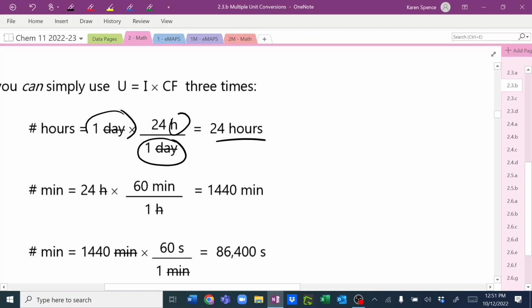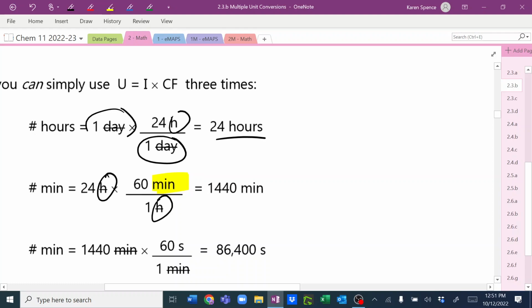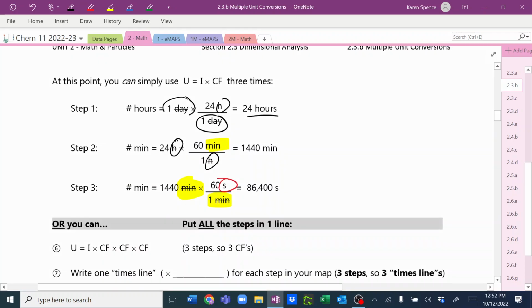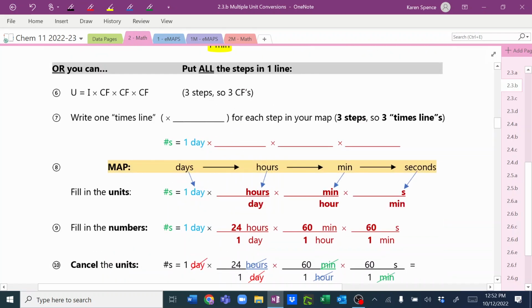I could convert my hours into minutes, and then I could convert my minutes into seconds. So it is okay if you want to do them on 3 separate lines, or you can write it all on 1 line. It's your choice. Doesn't really matter. Okay, so that's all we've got there.